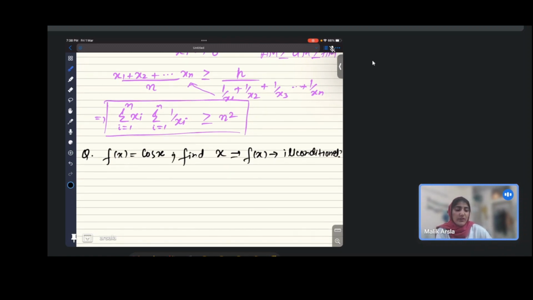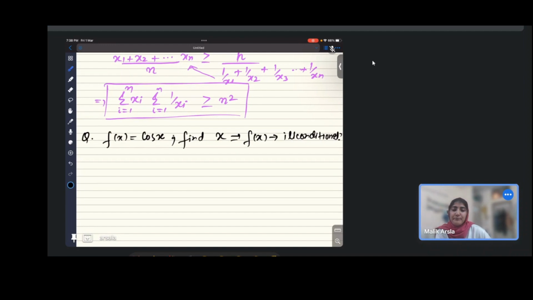You know how to do this? Finding the condition number. You have to find the condition number, and the greater the condition number, the more ill conditioned the function will be. Do it fast and tell me what the value of x will be.